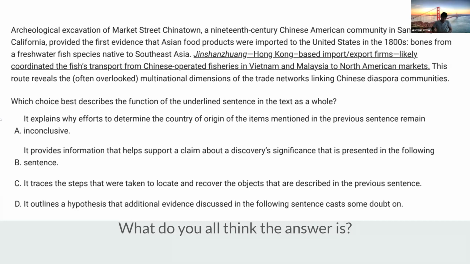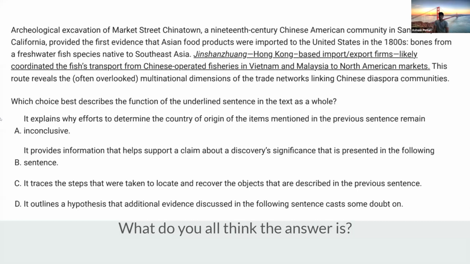It outlines a hypothesis that additional evidence discussed in the following sentences casts some doubt on. So technically, yes, there is somewhat of a hypothesis, right? But it's not in the sentence. You see, the sentence is the evidence, right?